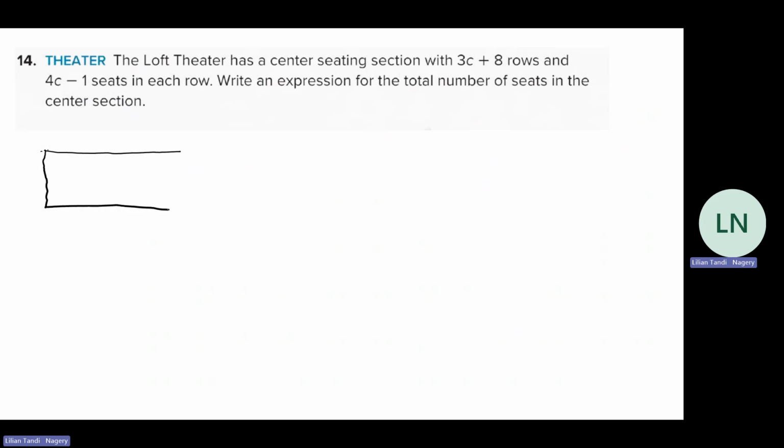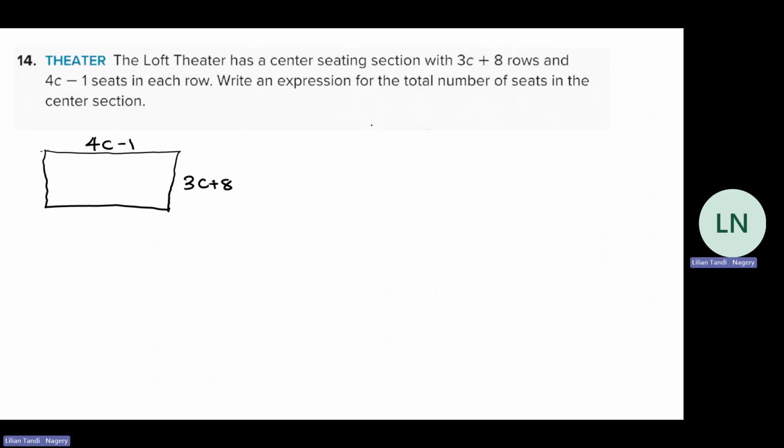So it will be a rectangle shape. Over here, I will put 4C minus 1. Okay, and then over here, 3C plus 8. Okay, write an expression for the total number of seats.